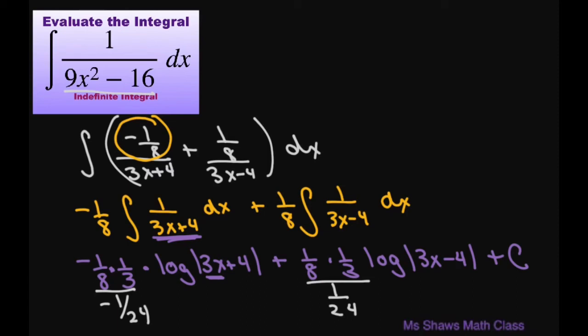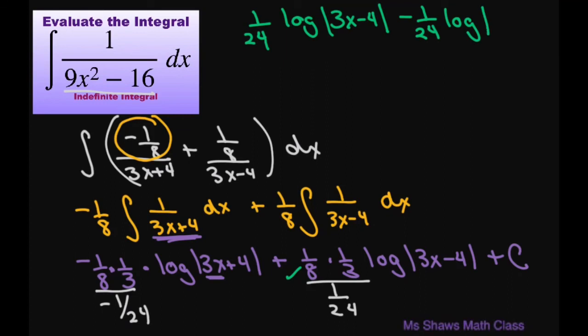Now I'm going to write this part first. So we're going to have 1 divided by 24 times log of absolute value of 3x minus 4 minus, I'm going to put this second, 1 divided by 24 times log of absolute value of 3x plus 4.